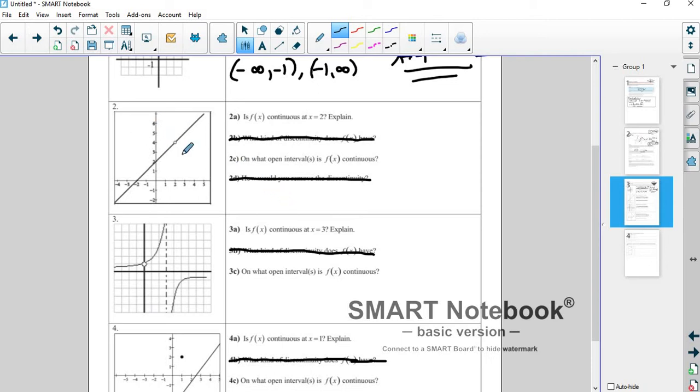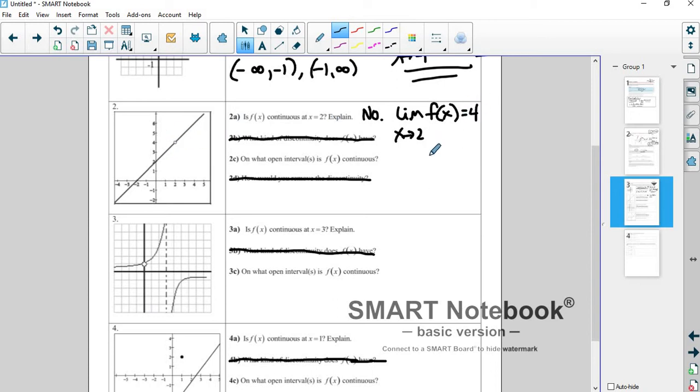Okay, so again, clearly it's not continuous because it has a hole, but that's not what I'm looking for. The graph has a hole in it is not a calculus reason for discontinuity. It is an algebra reason, it's a graph reason, but it's not a calculus reason. And so when I come here, I need to explain why it's not continuous. No, it's not. The limit as x goes to 2 of f of x, there's a hole there, right?